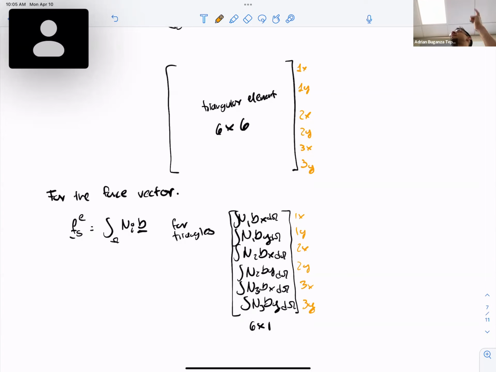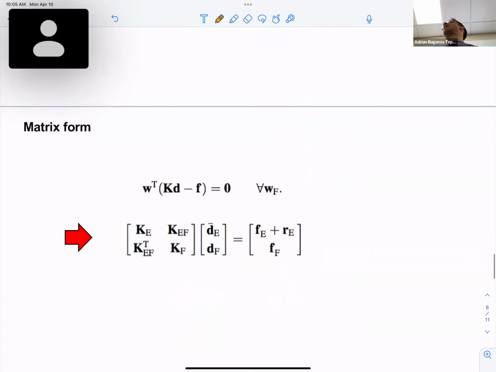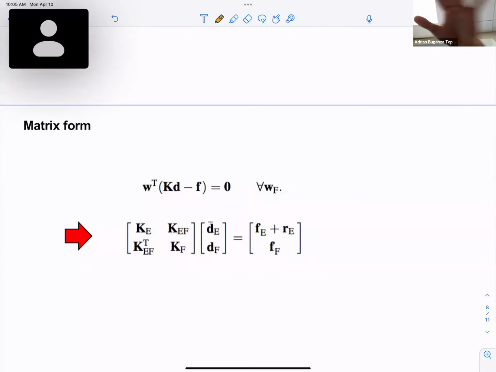So given the element stiffness matrix and the element force vector, you can put them into the big stiffness matrix and big force vector, just like before. What you get is your usual system of equations.